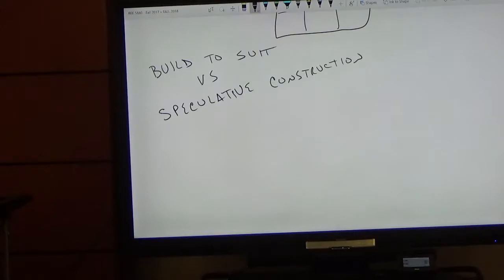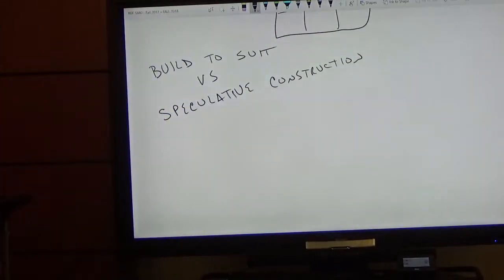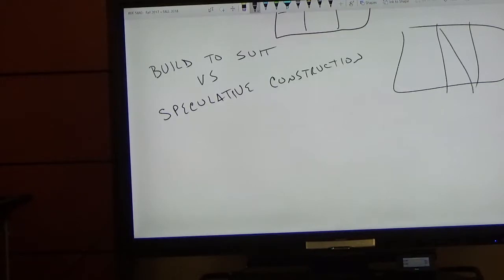Okay. So is this binary for all kinds of developments? It's like either or, is what you're saying? Not necessarily. You could have components that are built, for example, you build a multi-tenanted property, this portion is build-to-suit, and the remainder is speculative.